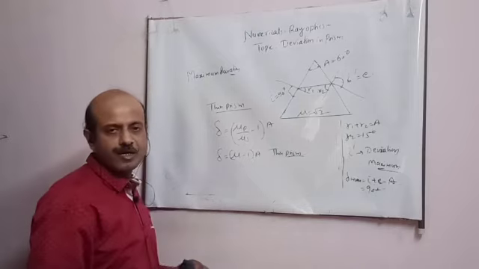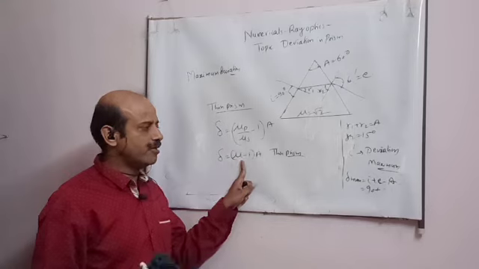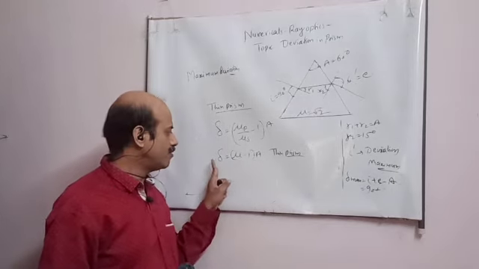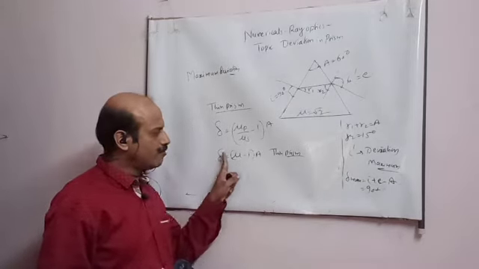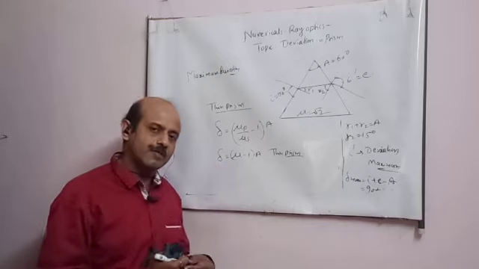Angle much less than say 5 to 10 degree. In the question it will be specified as a thin prism. That time you have to apply this formula. One numerical may be found from this case also. So this is about the prism numerical.